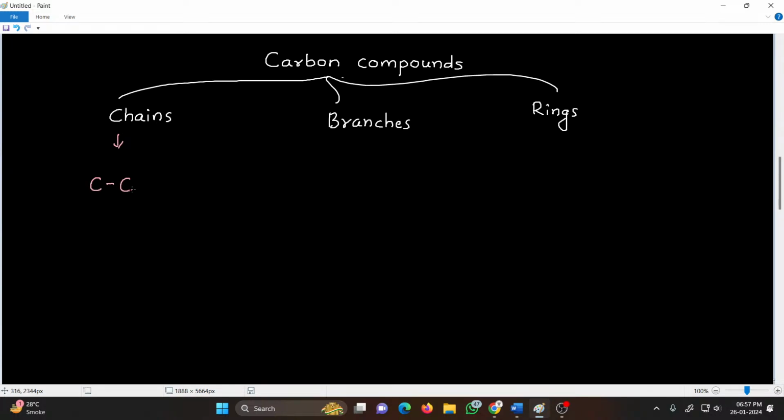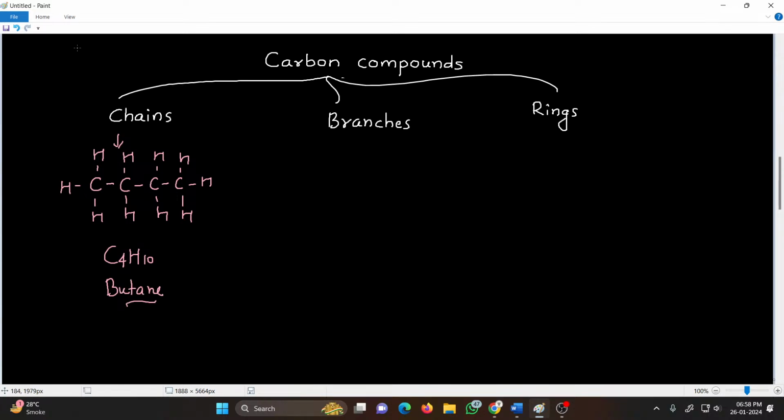If we have 4 carbon atoms like this, they can form a linear chain, and then they can fulfill the valencies by forming single bonds with hydrogen atoms like this. So again it is C4H10 and the name is butane, as you already know.